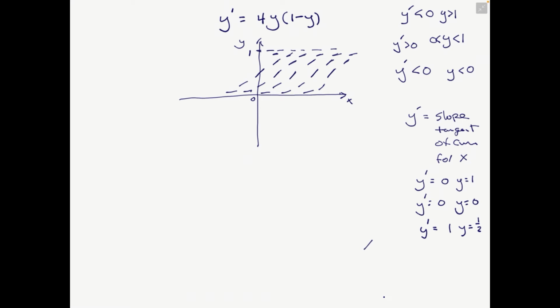And if we plot this along x, we could see that our curve is going to look a little bit like an S, like that, between 1 and 0.